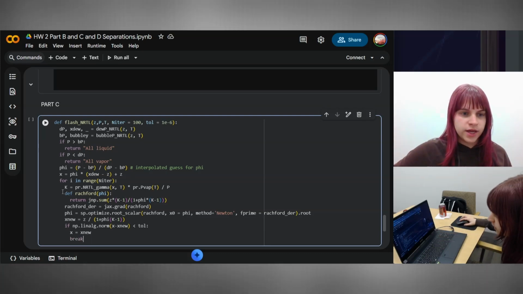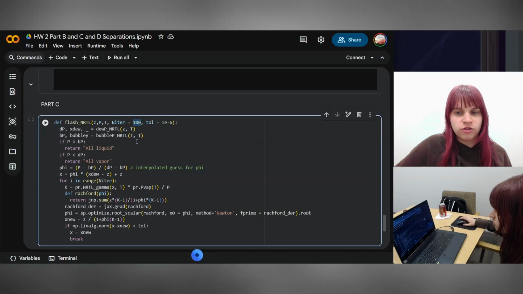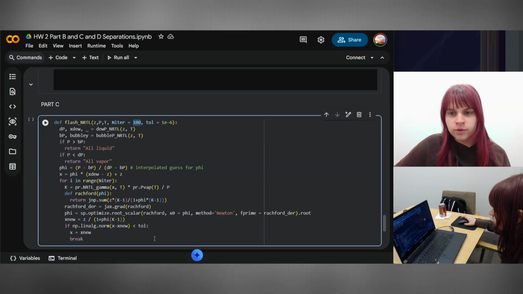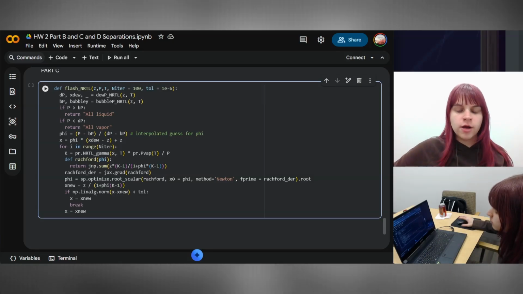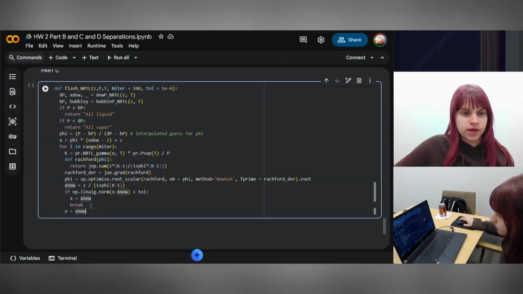And then we want to break out of the for loop. If we don't reach this by the time 100 iterations have gone by, then there's a problem, and the code should spit out an error. And to make sure that this x updates, I'm going to put it again outside of this break.